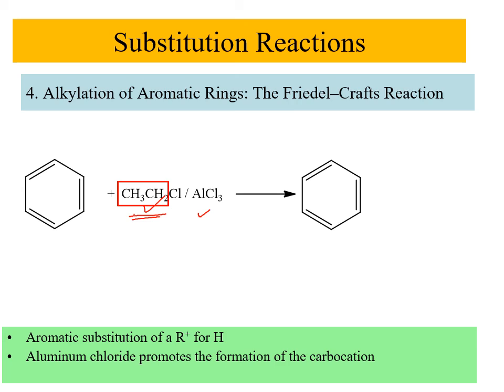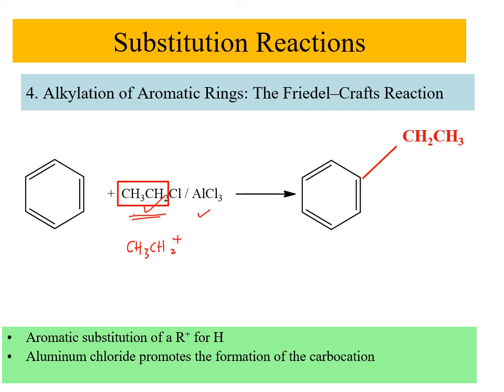So with the help of aluminium chloride, the CH3CH2 carbocation will be produced, and benzene will react with the carbocation in order to get a substitution reaction product.